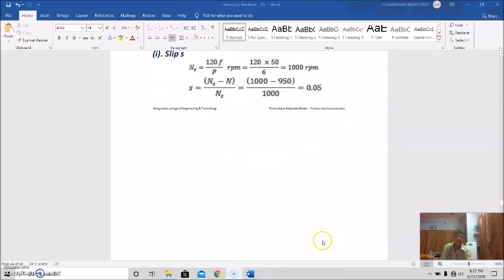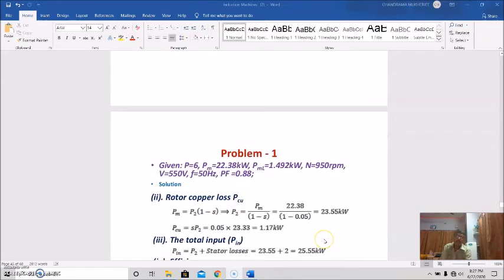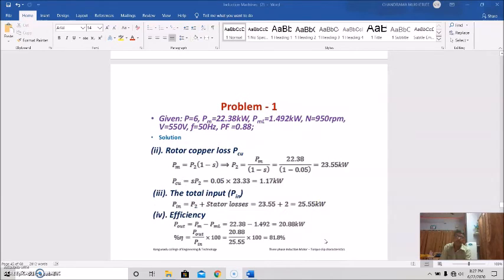Now the rotor copper loss, Pc equals S times P2, where P2 equals Pm by 1 minus S. Pm is given and S is found, so this gives P2. The rotor copper loss will be S times P2.